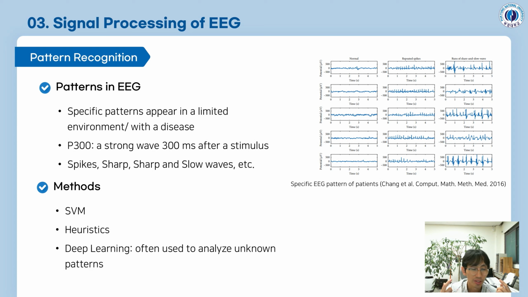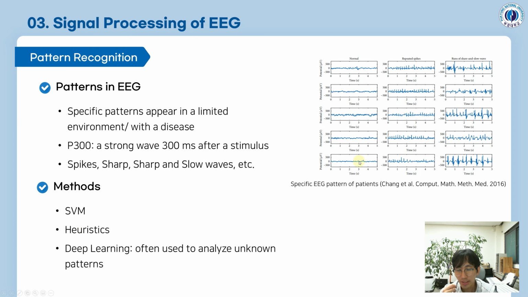And then a signal occurs in your brain, especially in the back of your brain, the occipital region. There is going to be a very strong response to the visual stimulus, and this is called P300 because this happens just 300 milliseconds after your stimulus.